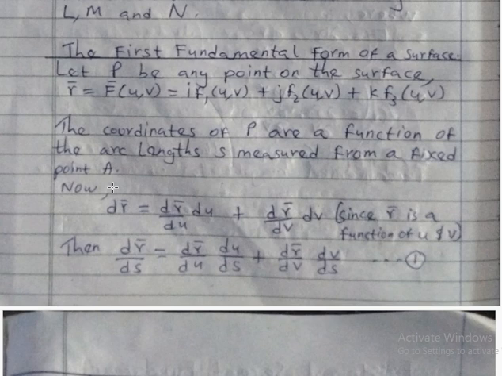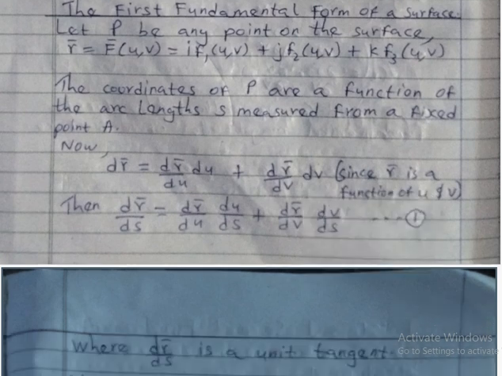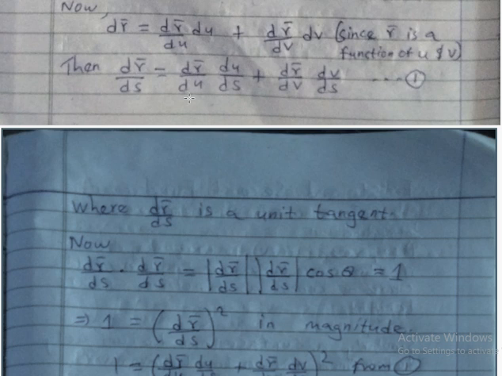So now the derivative of r, since r is a function of both u and v, can be written as dr equals partial r partial u du plus partial r partial v dv, and the change in r with respect to s, that is dr/ds, will be the same as dr/du times du/ds plus dr/dv times dv/ds.